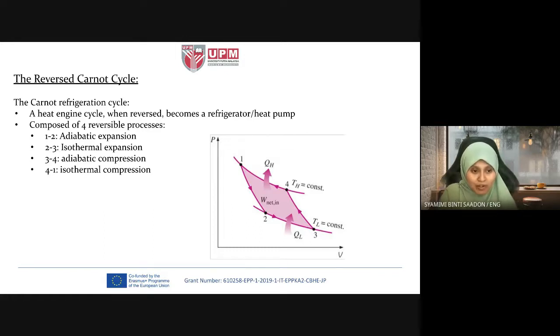So a heat engine cycle, when reversed, becomes a refrigerator and heat pump. The same for reversible process, this time around we reverse the cycle. We start with expansion, just that this time around we start with adiabatic expansion, 1 to 2, and then 2 to 3 isothermal expansion, and then adiabatic compression 3 to 4, and 4 to 1 isothermal compression to finish the cycle.